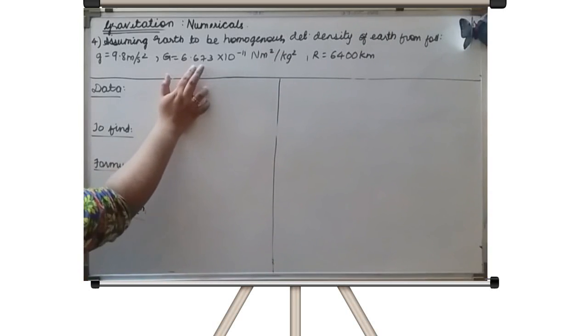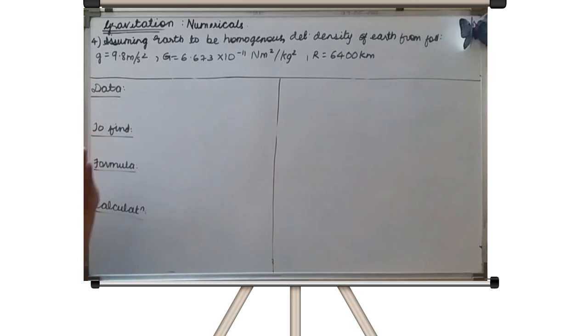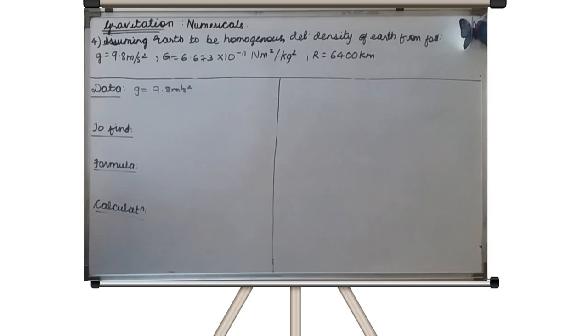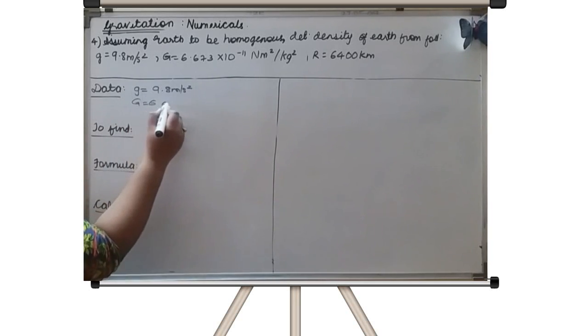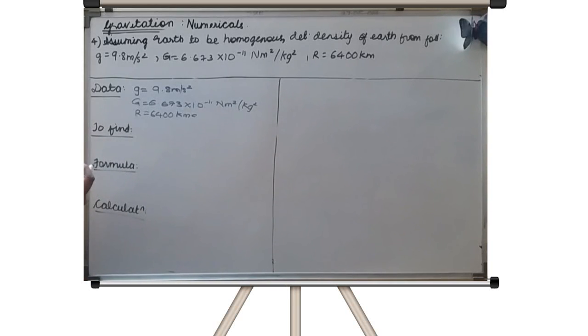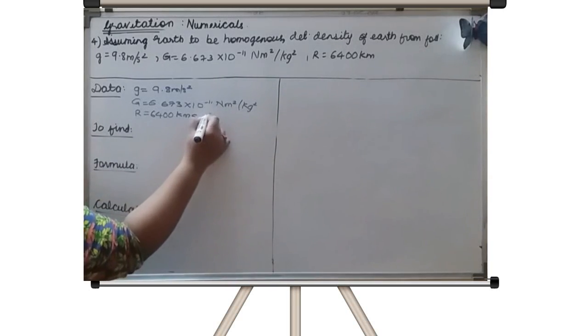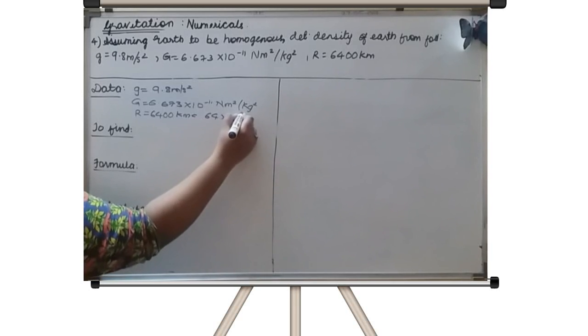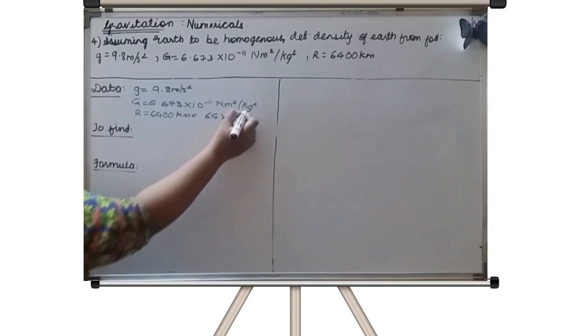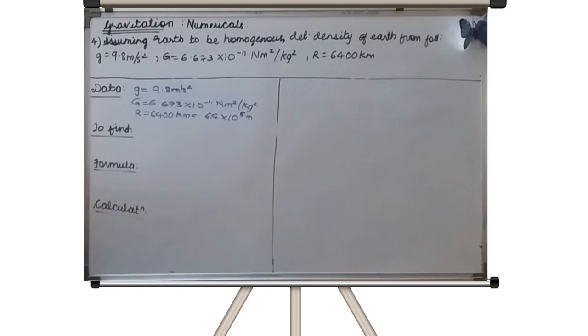Assuming Earth to be homogeneous, there is nothing changed. Determine the density of the Earth from the following data. So here our data is given. We will just write it down here. Convert it into meter: 64 into 10 raised to 5 meter, right? Also we can add an additional decimal point and increase one power here. This will be okay also.